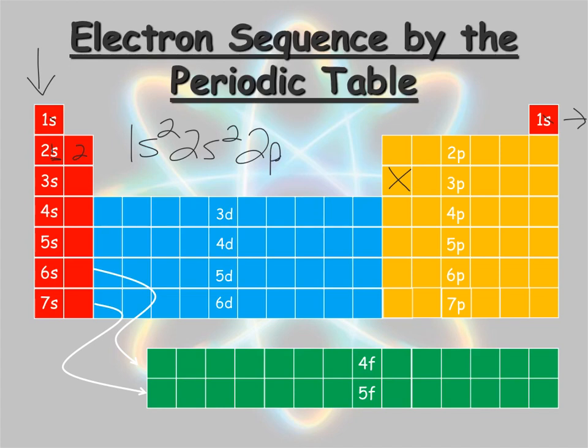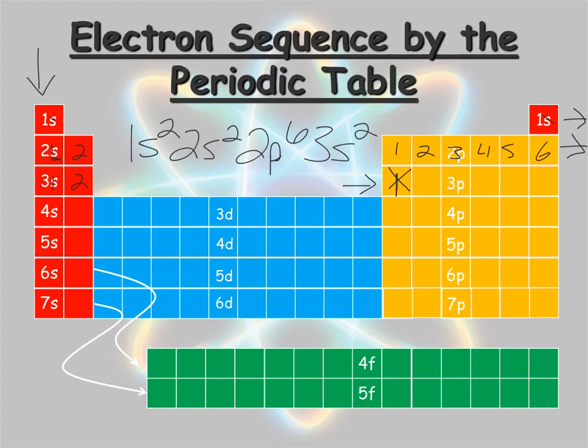Count my boxes going through 2p, and you see we got 6 boxes. Keep going to the next line, so that gets me to 3s, and there's 2 boxes in the 3s. And then last but not least, keep reading across, we get to the 3p, and aluminum is located in the first box.